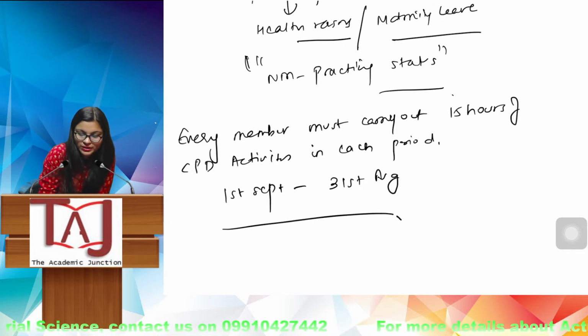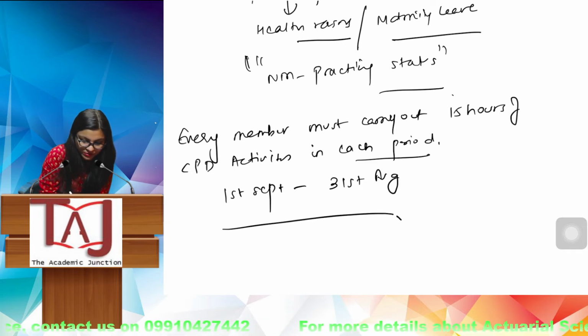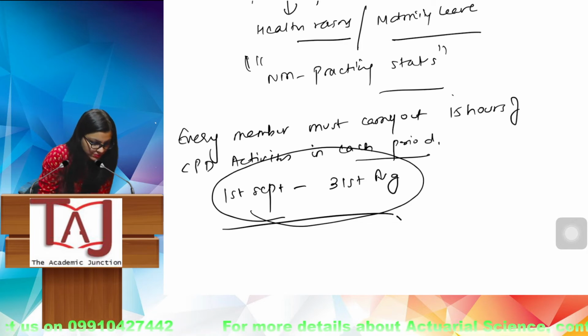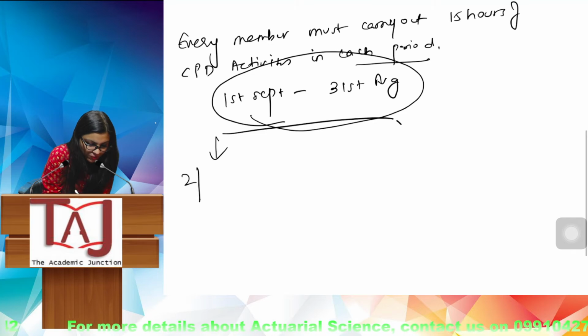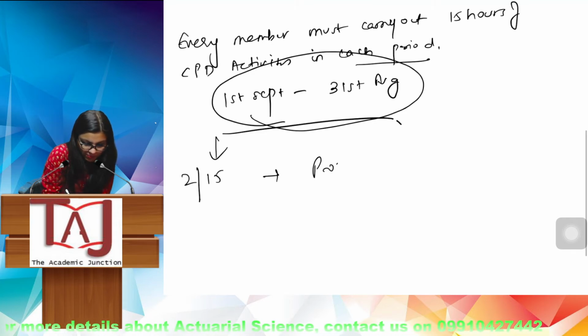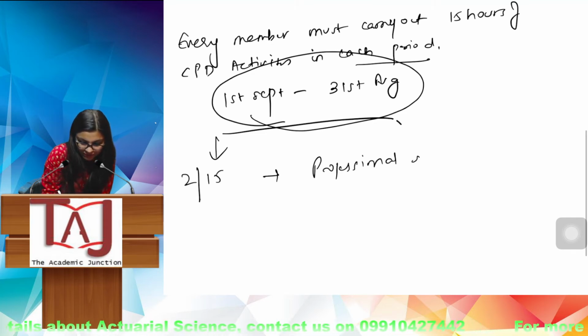So you have to complete 15 hours of CPD activities in each period. Period runs from 1st September to 31st August. And इन 15 घंटों में से 2 घंटे must be professional skills training.